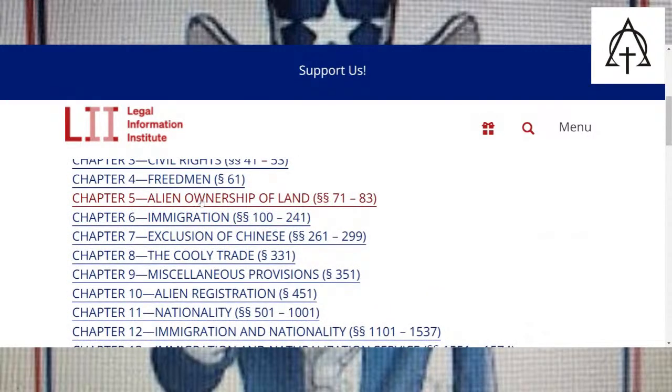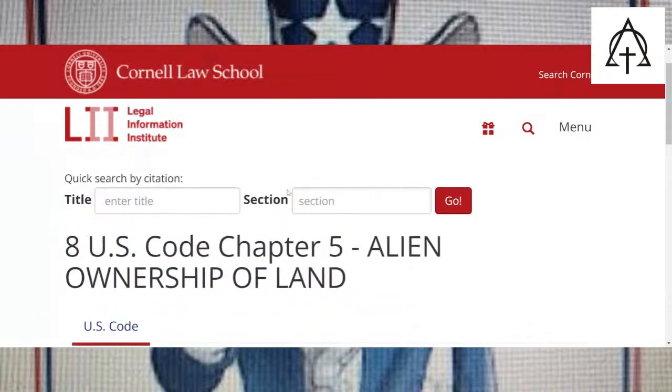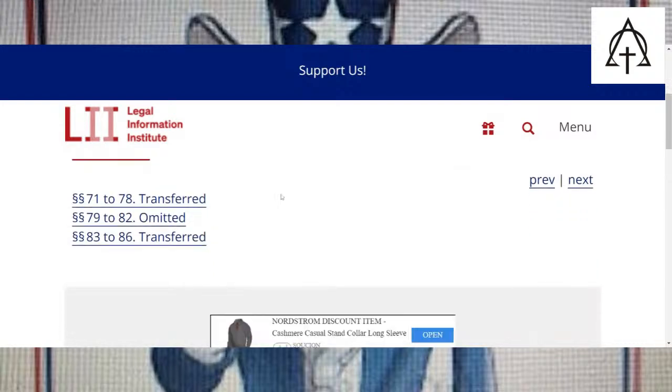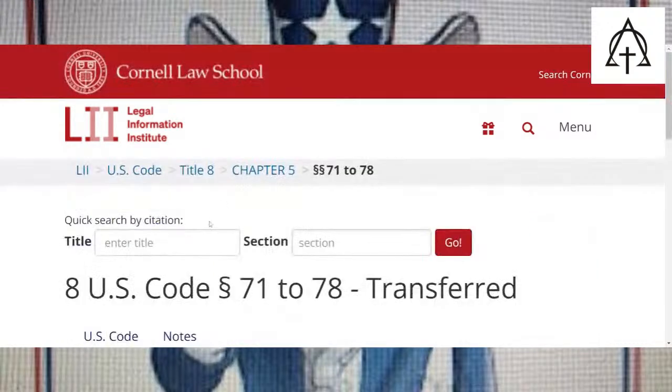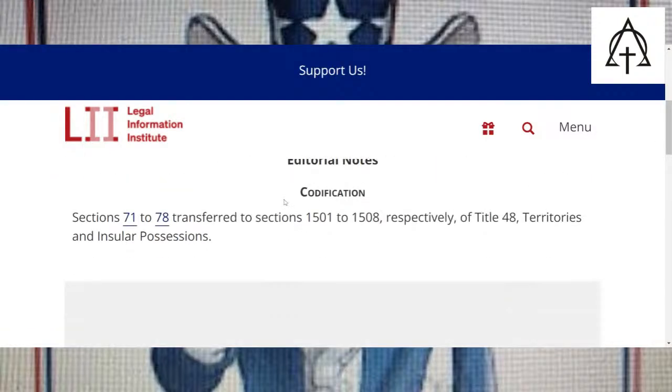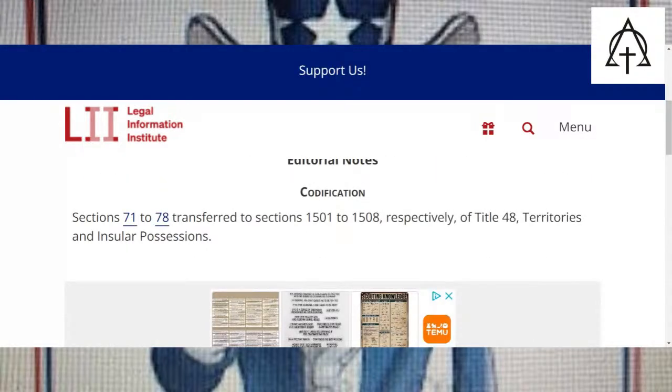Alien ownership of land. Transferred, omitted, transferred. Sections 71 to 78 transferred to 1501 to 1508, respectively, of Title 48, Federal Acquisitions Regulations.